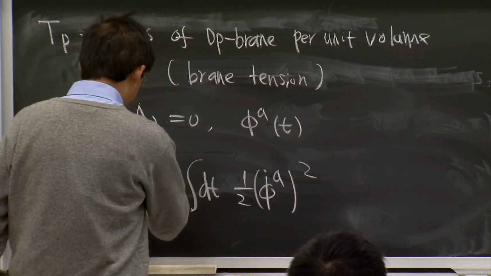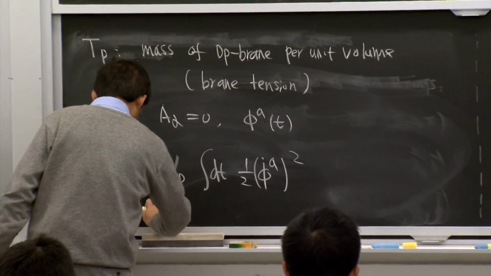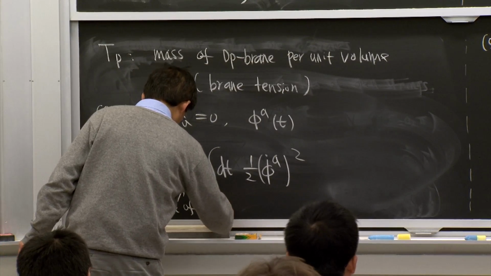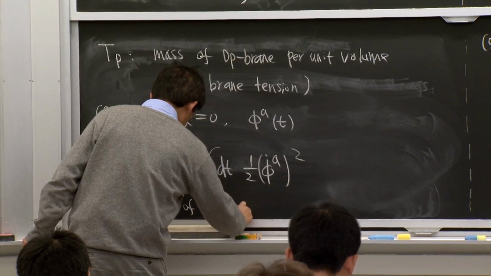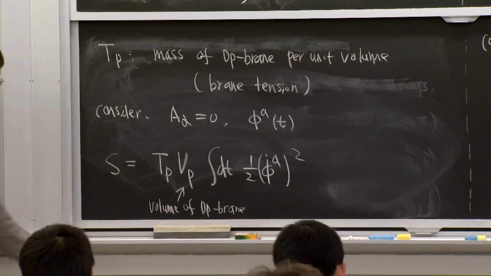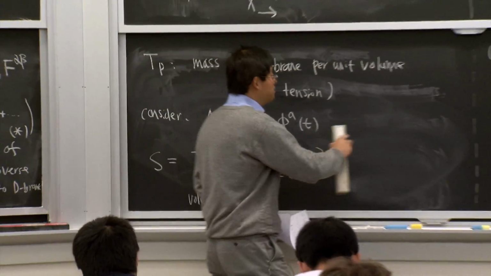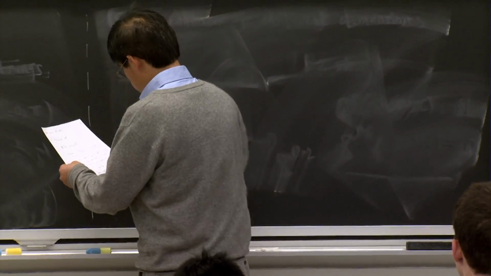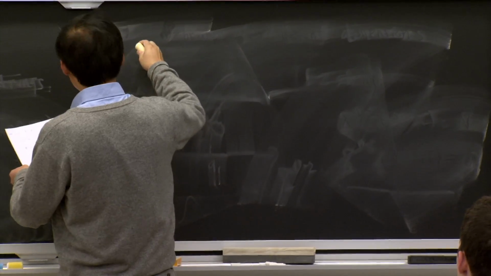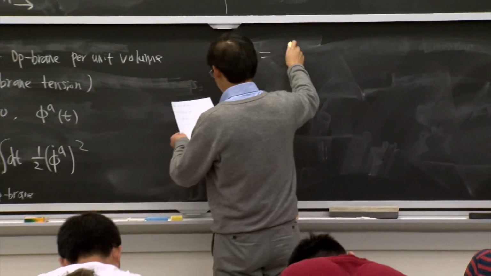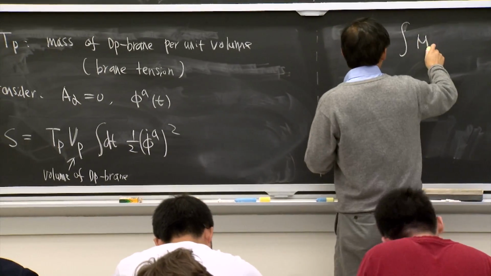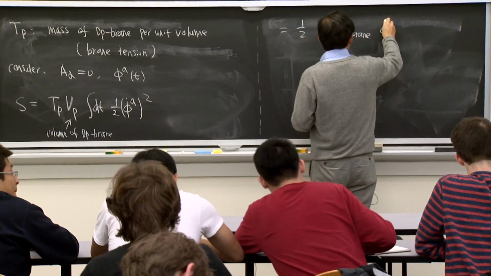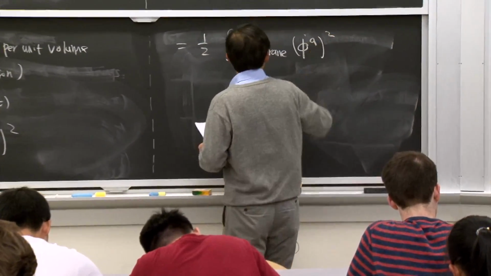And Vp is the volume of the Dp-brane. And this tension times the volume of the Dp-brane is just the mass. So you can rewrite this as 1/2 m D-brane phi dot squared, okay?